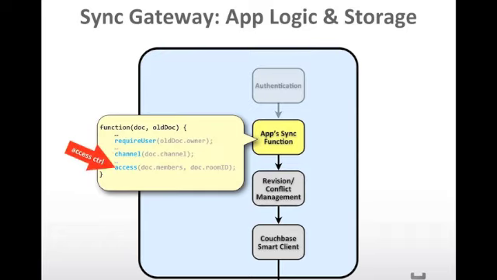The last responsibility, and this was one that we added a little bit later in the development cycle, as we were getting a feel for these APIs. So if you could do these validations and route data to channels, the only thing missing is who can see which channels. And so there is a mechanism to allow you to manually grab a user, jChris at Couchbase, and give them access to a channel or a set of channels.